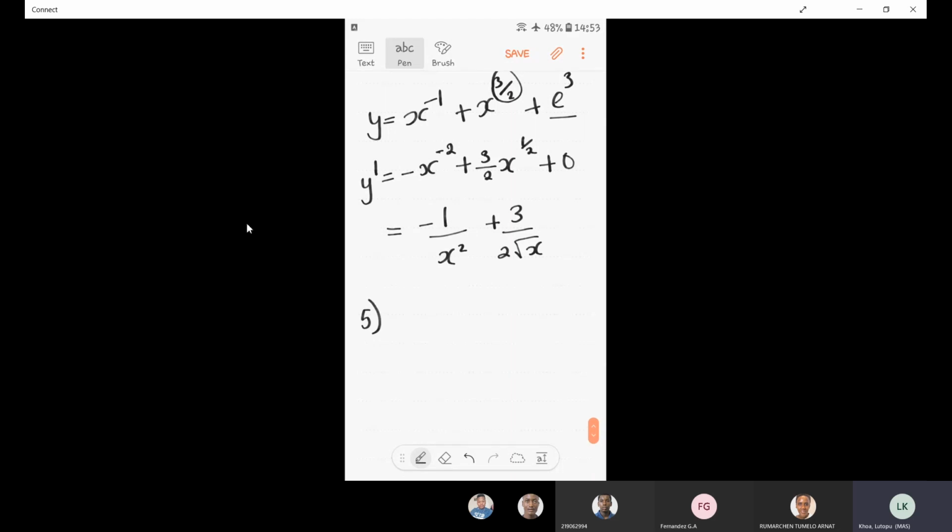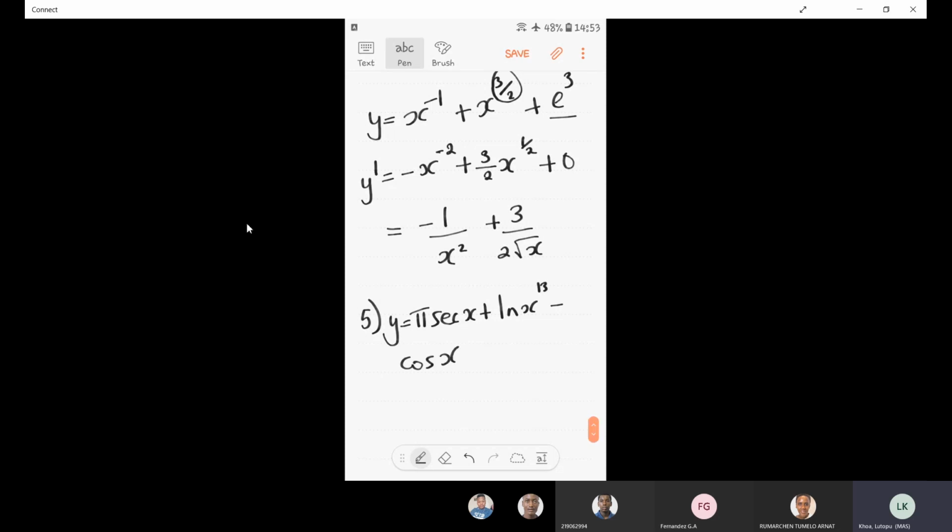Number 5, I have y is equal to pi sec x plus ln of x to the power of 13 minus cos x.